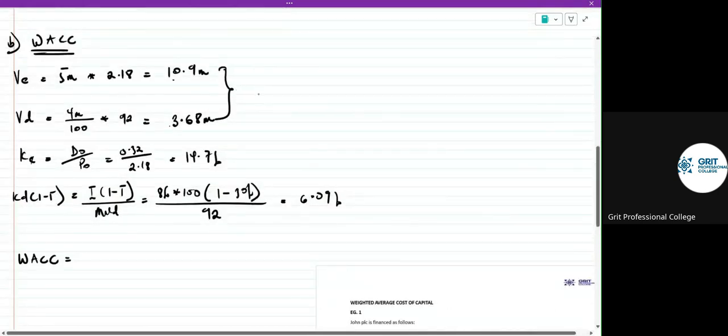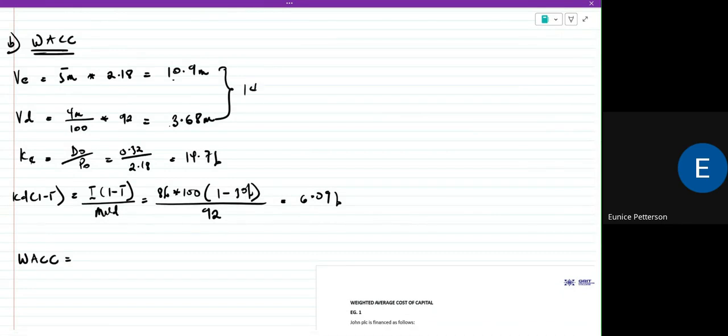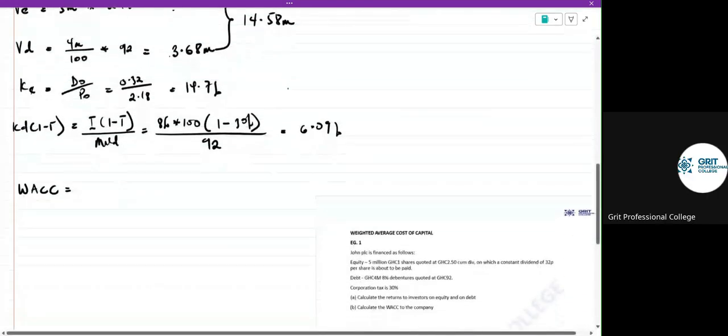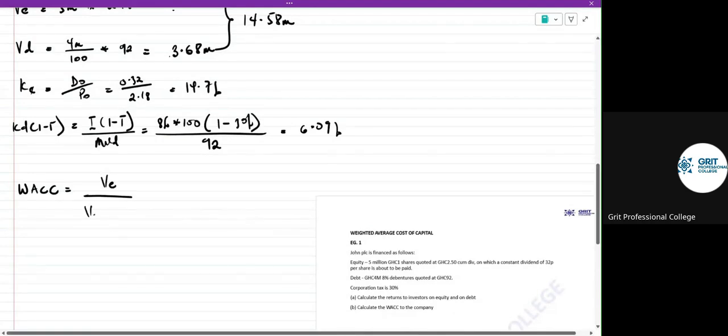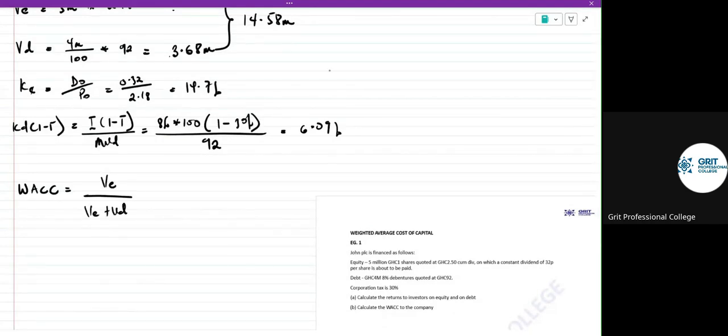This plus this will give us 14.58 million. So the formula is VE over VE plus VD. So that's what we've done the total for, right?